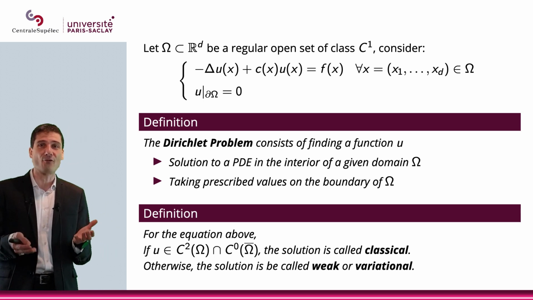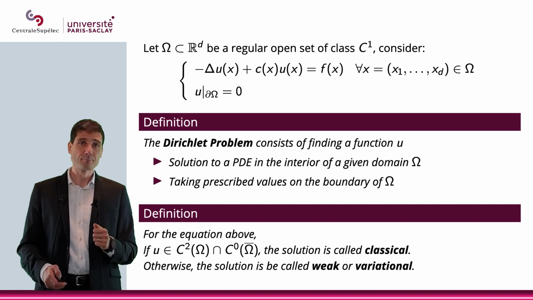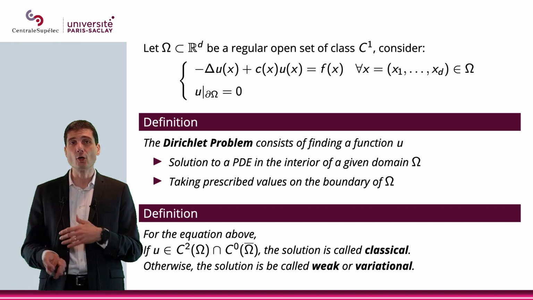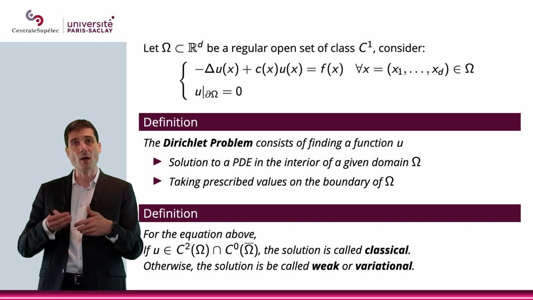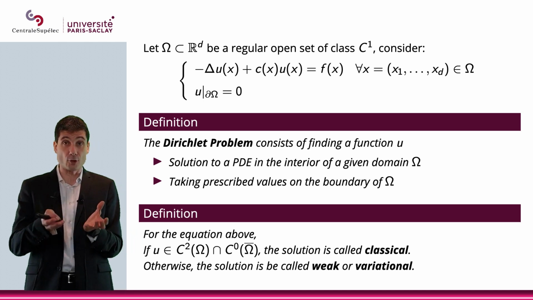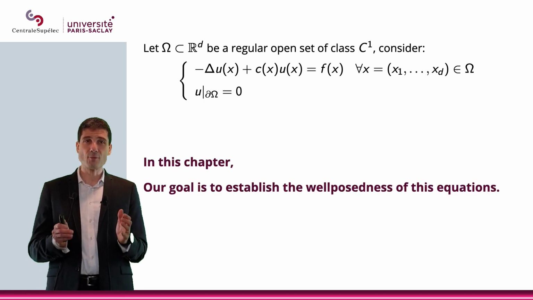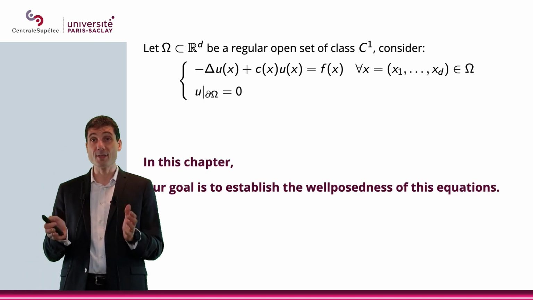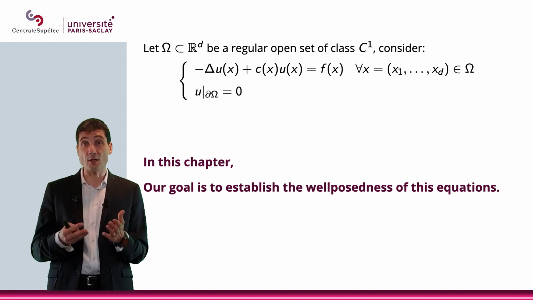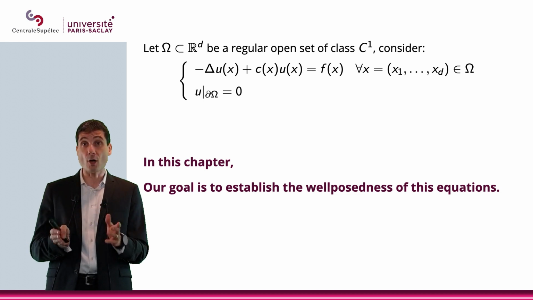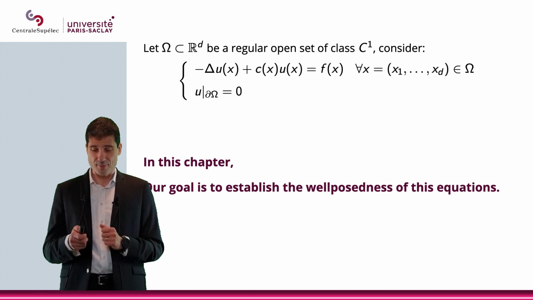In other words, for this to happen, I need to have u in C2, so I can take two derivatives. Otherwise, we will have what we will call a weak or variational solution. In other words, we're going to have to multiply by a test function in order to be able to give sense to this equation. In this chapter, our goal is to establish the well-posedness of this equation. And by doing so, we will give you a general methodology that you can adapt and use on other elliptic PDEs. So let's see how this chapter is organized.